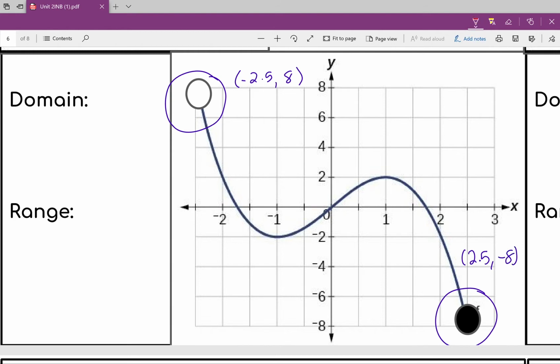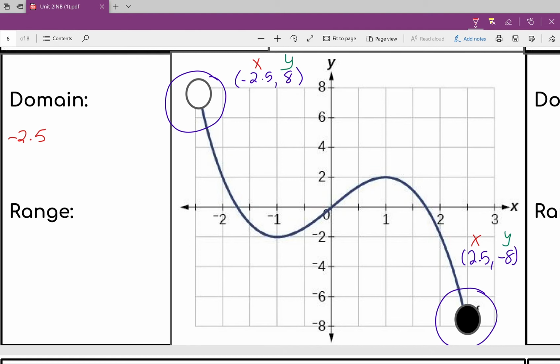Remember that the first number is x and the second number is y. If we're looking at the domain, we're only looking at the x's. So what is smaller, -2.5 or 2.5? -2.5. So we're going to write -2.5.